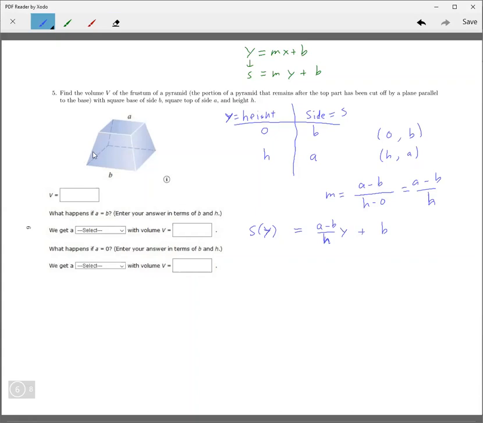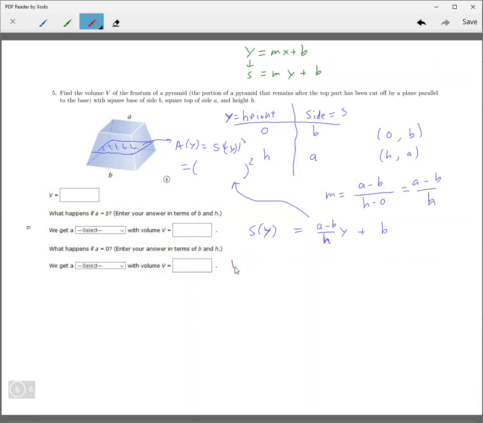Now, if we take a cross-sectional area, if we take a plane and we cut through this with a plane, then the area is going to be S of Y squared. It's the square, so it's going to be all this squared.